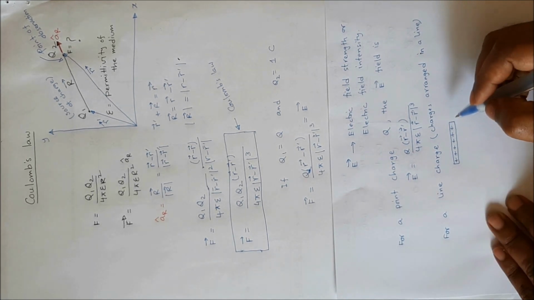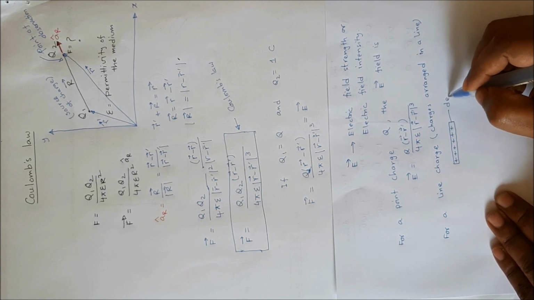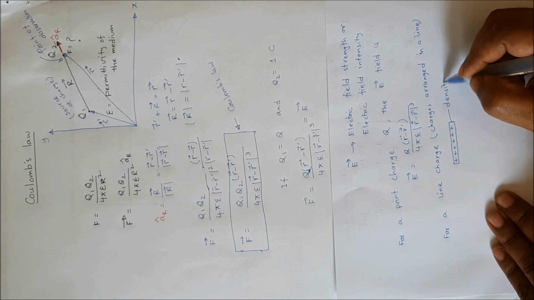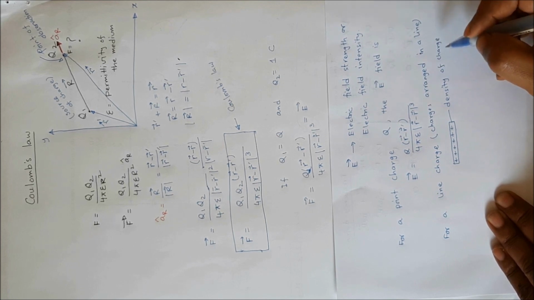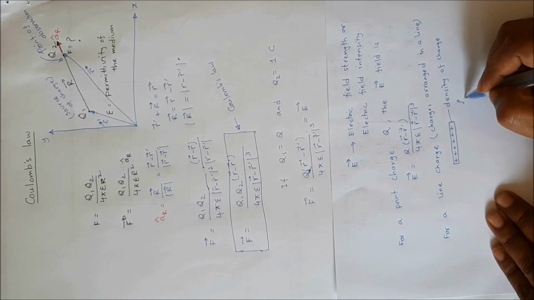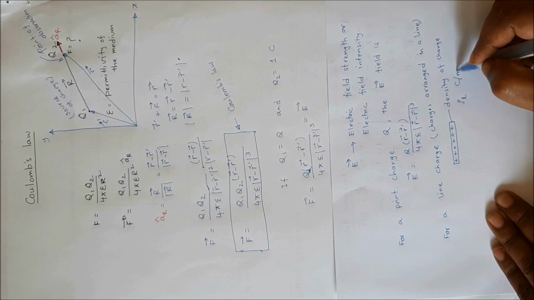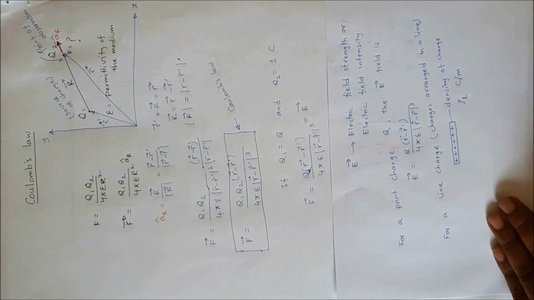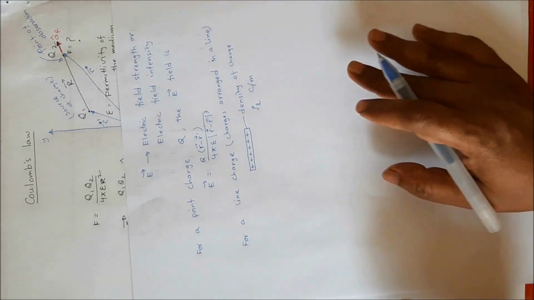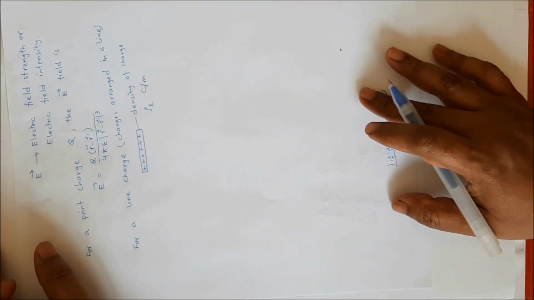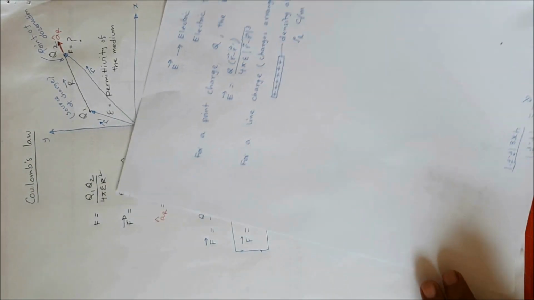Line of charge means that if the electrons or protons are arranged on a line to form a charge line, or if the charged object has the shape of a line, then it is called a line charge. Similarly, we can write the expressions for surface charge and for volume charge.